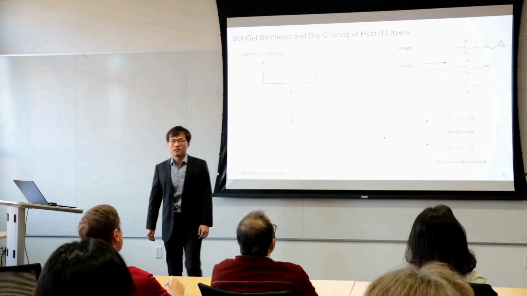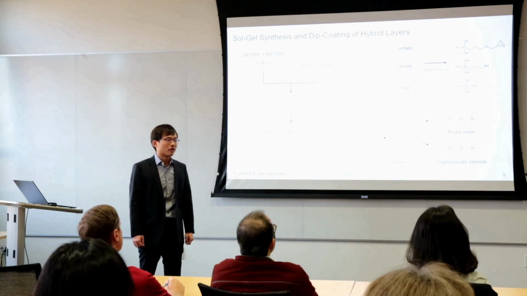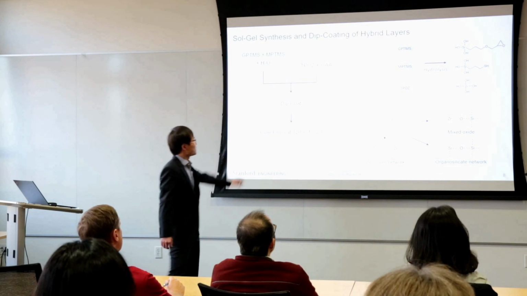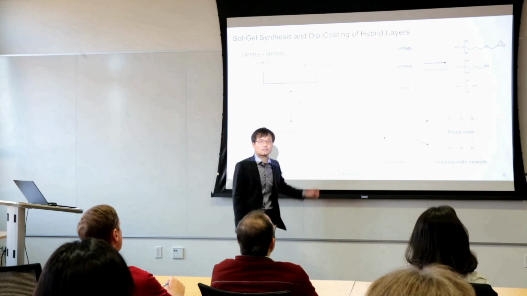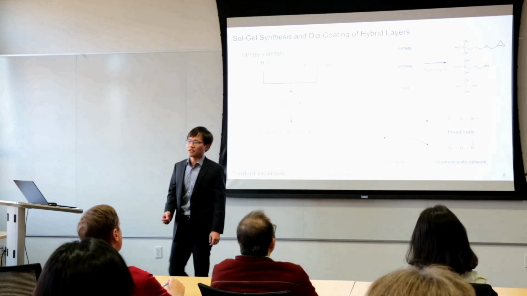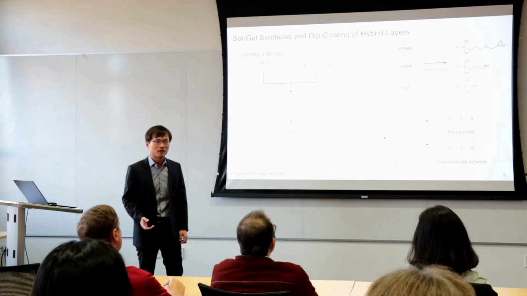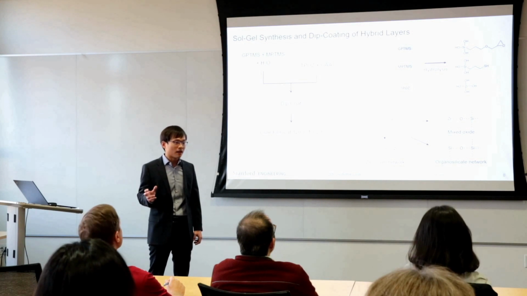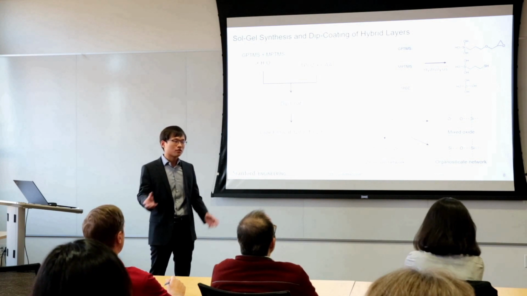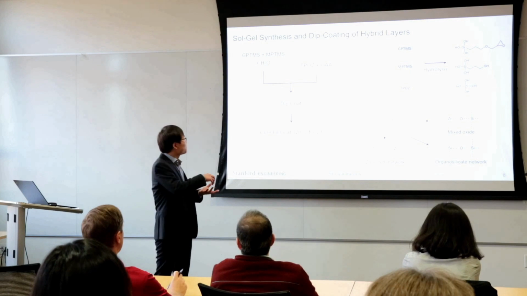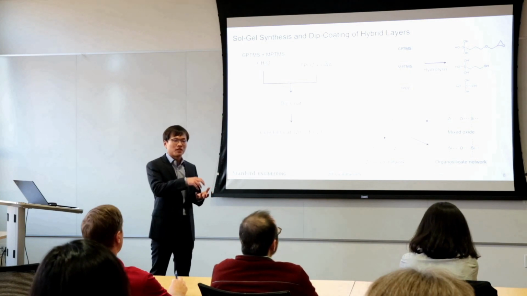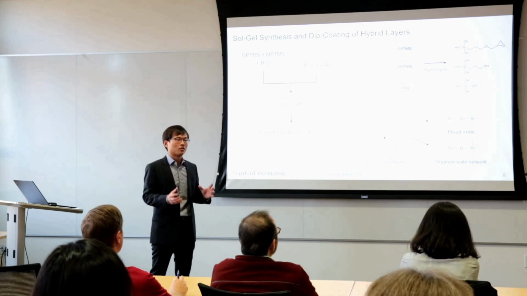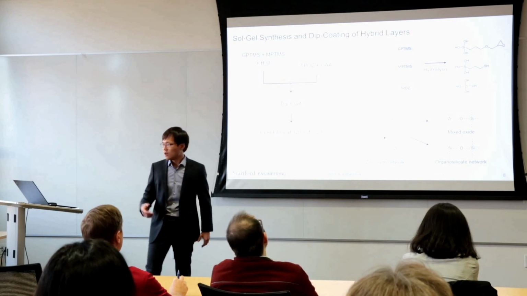Then in a second vial, we stabilize the zirconium alkoxide with glycolic acid to prevent the zirconium alkoxide from quickly precipitating out of solution. We then add the acid stabilized zirconium species to the GPTMS plus MPTMS plus water solution to start the sol-gel reaction.